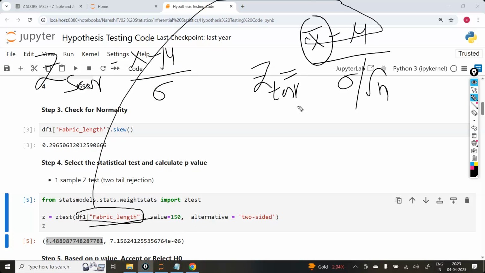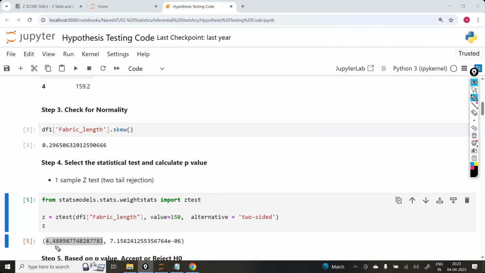And here 150. You have written 150 here. Whatever you have given here will go here. And sigma, what does sigma mean? It is going to calculate the population standard deviation for the given data, with ddof equal to 0, which it applies automatically. And n is the number of records. So it applies all the things, and finally you get the output as the test statistic.